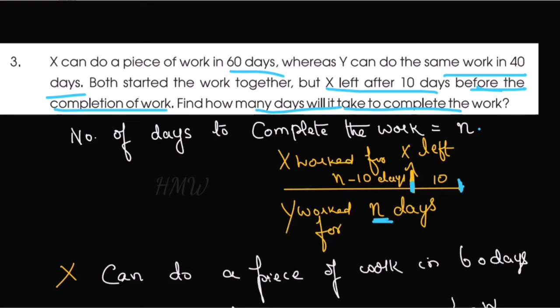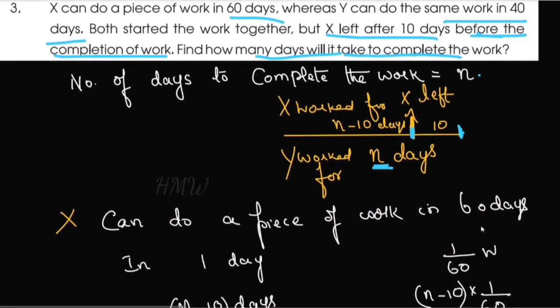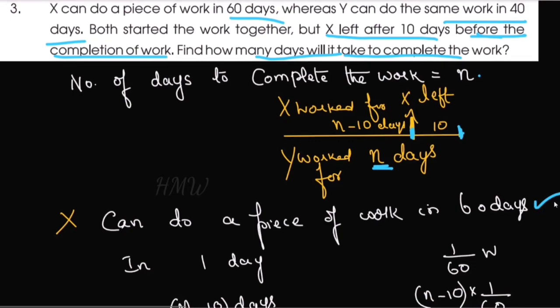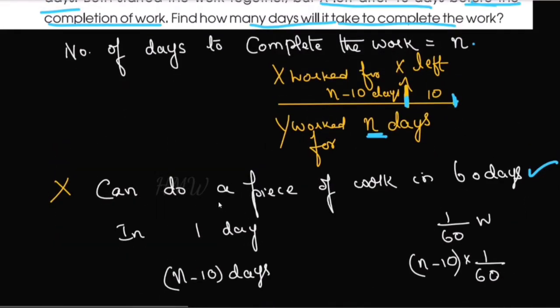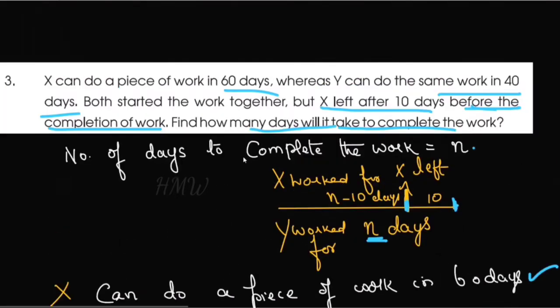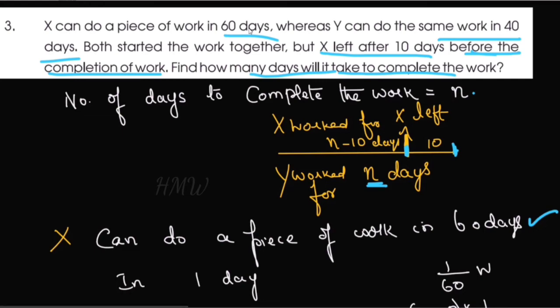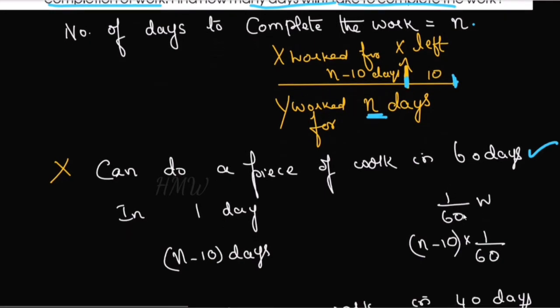Now what is given here? X can do a piece of work in 60 days. So that inversion that I told you about, the invert, in one day. The capacity of X is that it can complete that work in 60 days. Now in one day, X can do 1 by 60 of the work.